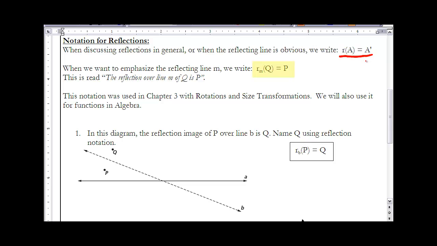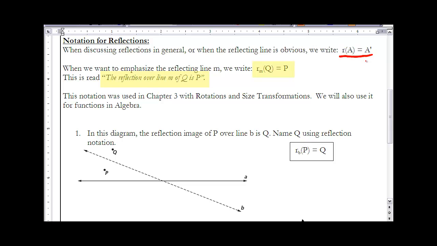The reflection over line M of Q is P. That's the way I'll generally read it. The reflection over line M of Q is P. Obviously, is and equals are interchangeable, but that's how we'll read it and write it.